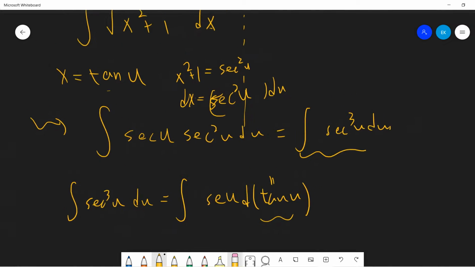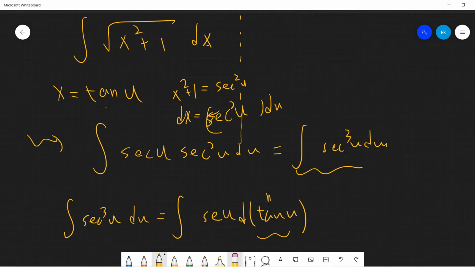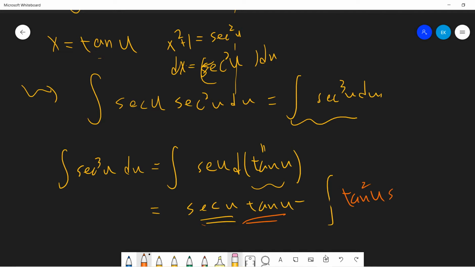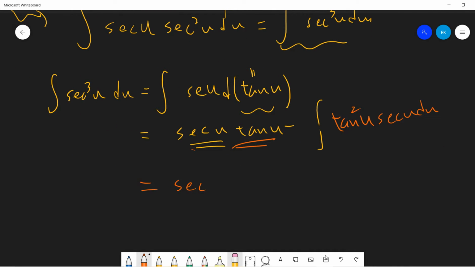So that means I can write it as secant u tangent u minus the integral of tangent u times the differentiation of secant u, which is secant tangent. So this term will be secant tangent minus the integral of tangent squared, which is secant squared minus 1, times secant du.